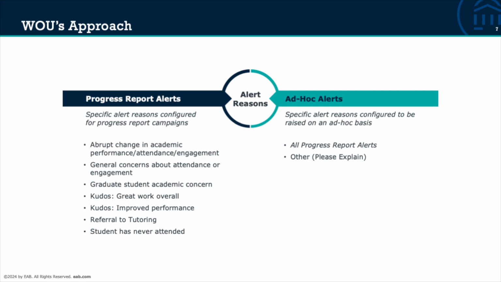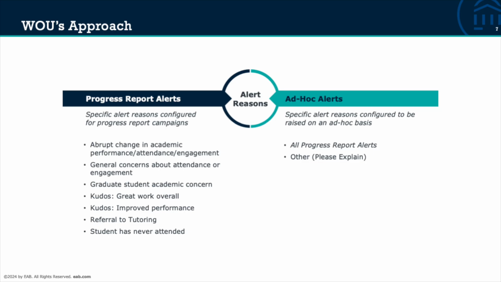Also kind of next to that is general concerns about attendance and engagement. We also have a graduate student academic concern that would then obviously, based on that, be triaged to graduate advising and graduate schools. We have two different kudos, right? So one being around great work overall versus one being around improved performance.